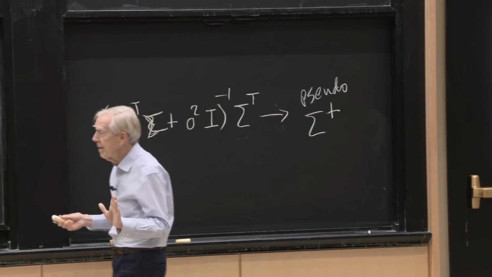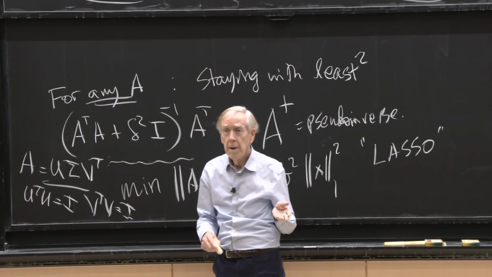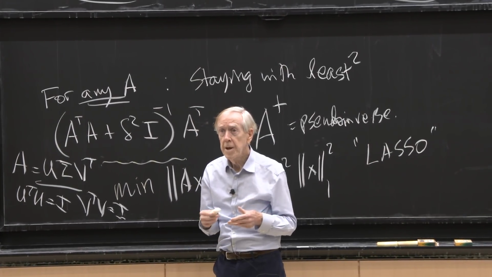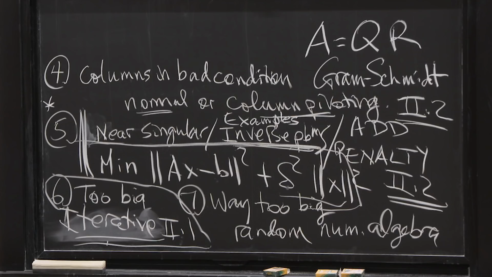But really, I think the most important message in today's lecture is in this list of different types of problems that appear and different ways to work with them. And we haven't done Gram-Schmidt, and we haven't done iteration.